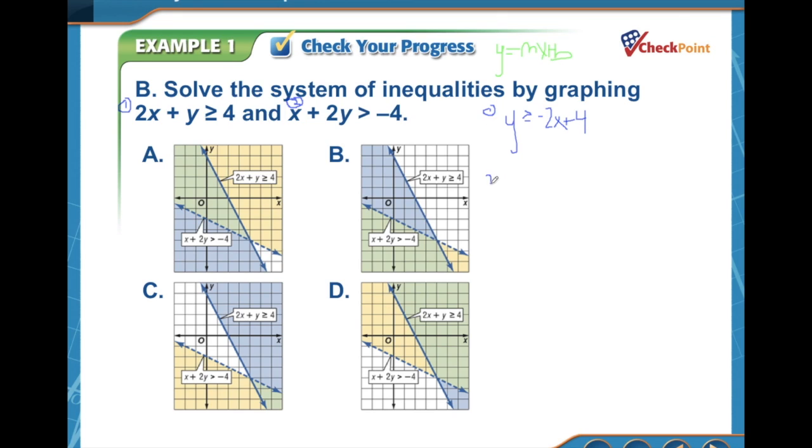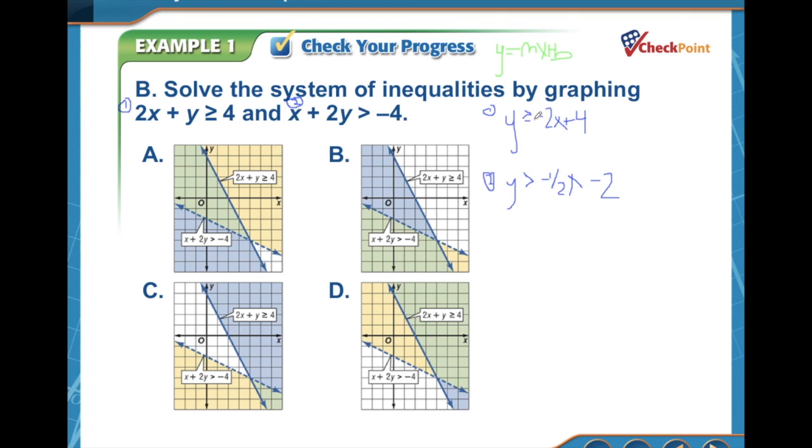If I rewrote my second equation in the correct form, I would have y is greater than negative 1/2 x minus 2. Now, how did I get this? Well, I had to subtract the x from both sides and then divide everything in half. If that doesn't make sense, just know that this is the correct form, and from these two things, now we can go ahead and draw our graphs.